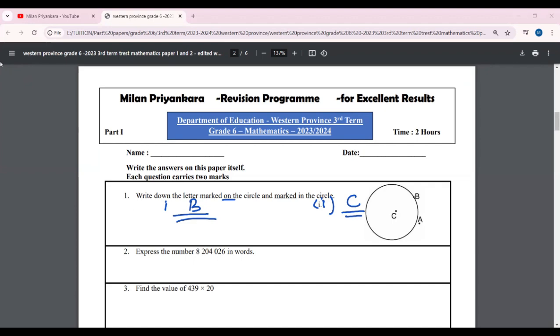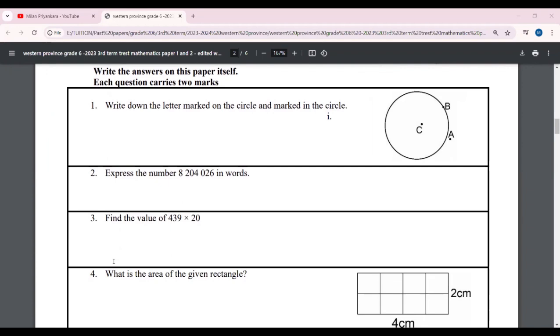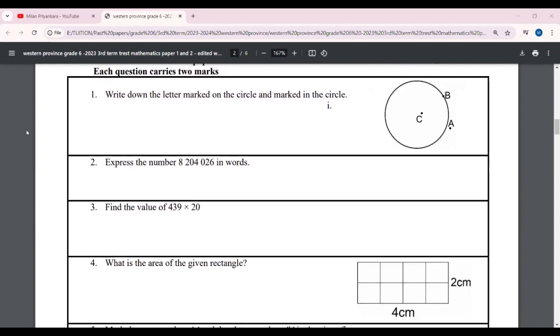As you can see, let's go down here. Express the number in words, right? Okay, let's see how we express this number. So if you have this kind of number, you have to separate them into 3 parts, right? Into periods.